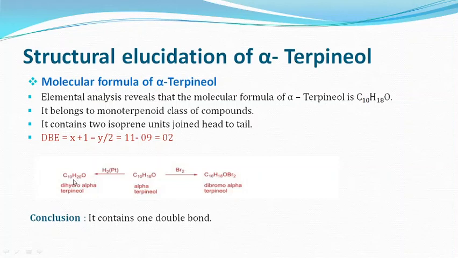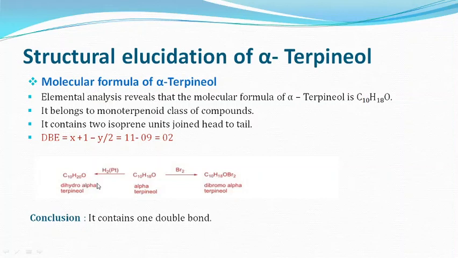As you can see, the formula is C10H18O, and by hydrogenation it is converted into C10H20O. On subtracting, we get 2 hydrogen atoms, or 1 molecule of hydrogen has been added here.